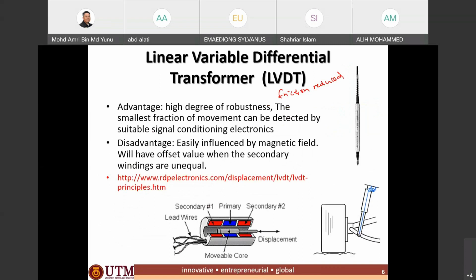So the advantage of LVDT, it has a high degree of robustness, whereas the movement of the core is smooth with small friction.